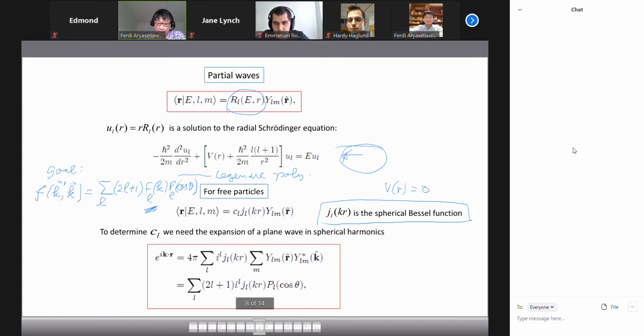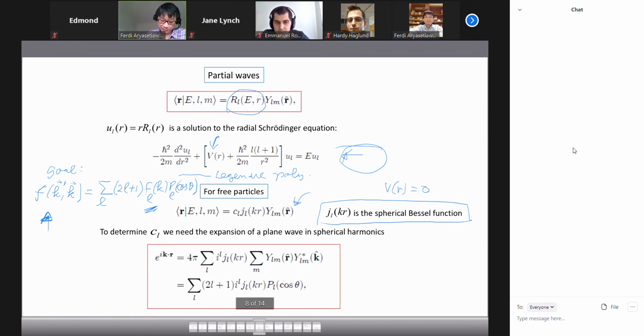If you put V(r) to 0, then this is the spherical Bessel function. And we will use this as our basis to work out this expression here. So that's the reason why we are doing this.